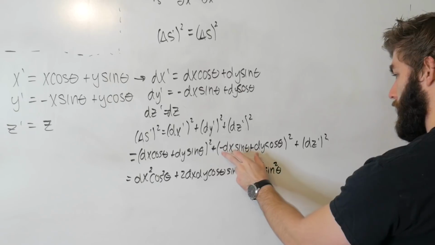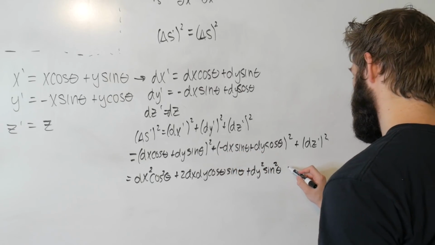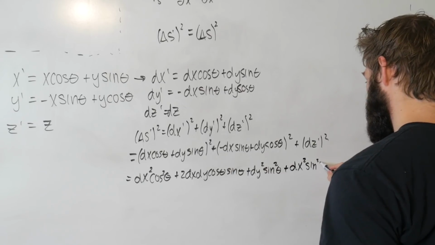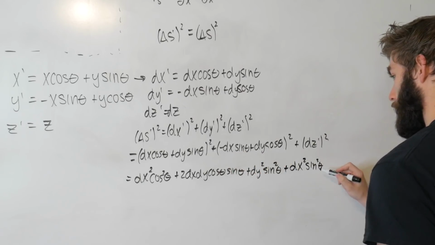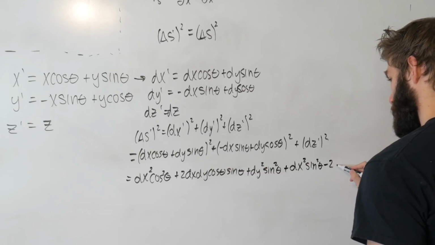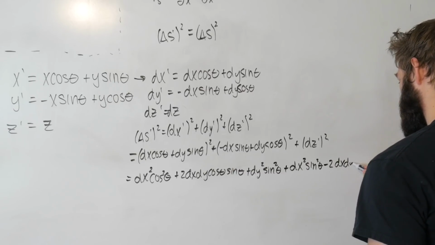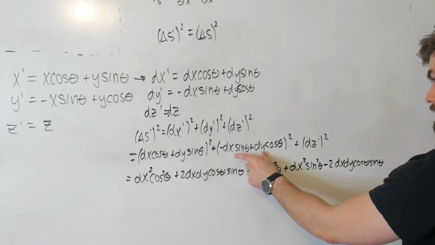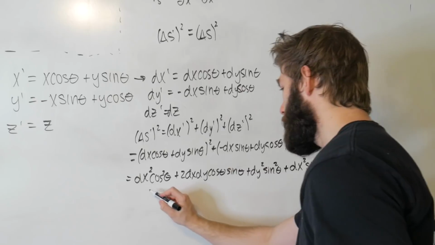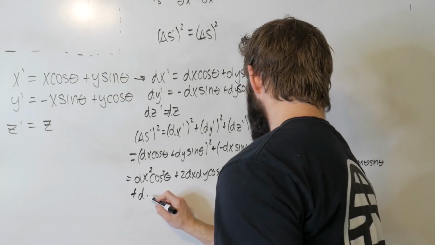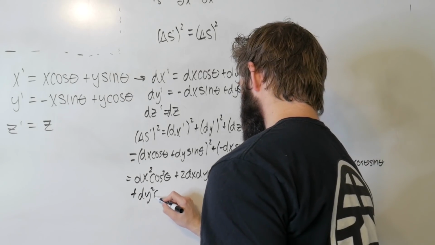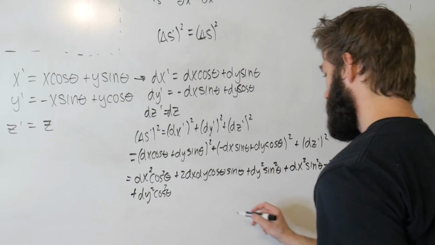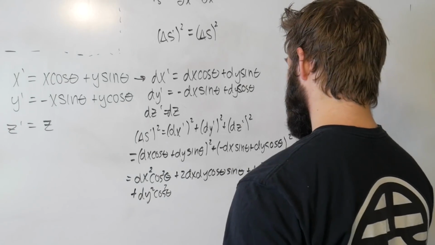So we got this times this, so that's going to be plus dx squared sine squared theta minus 2 dx dy cos theta sine theta plus dy squared cos squared theta, okay, plus dz squared. This should be a regular dz.